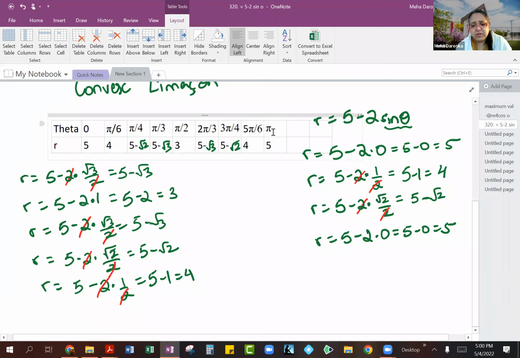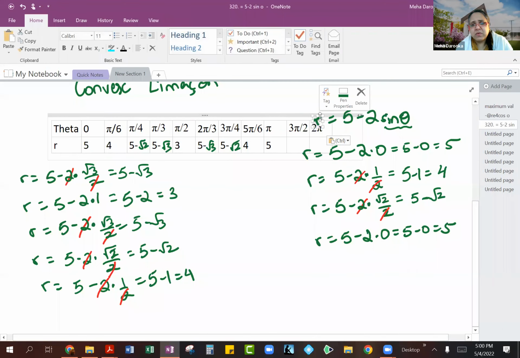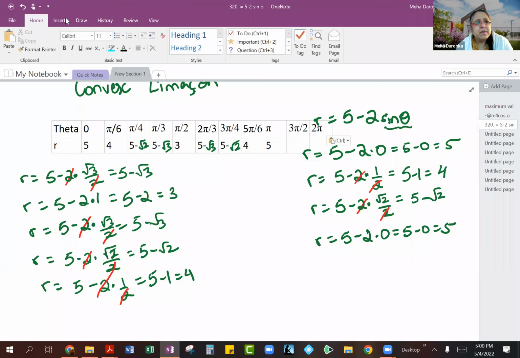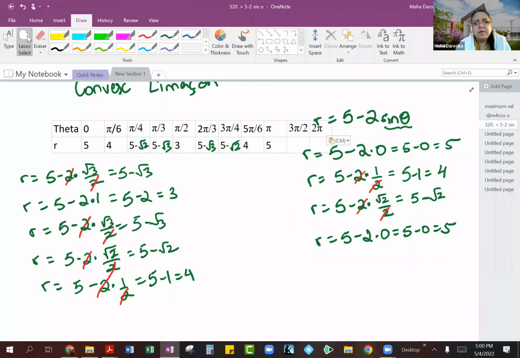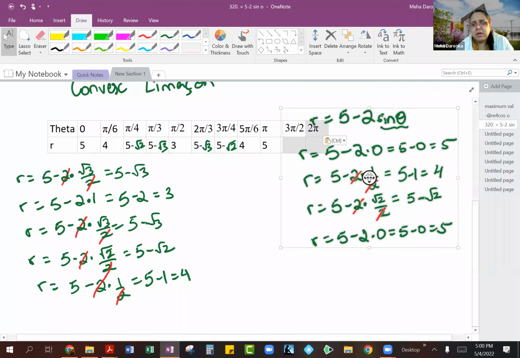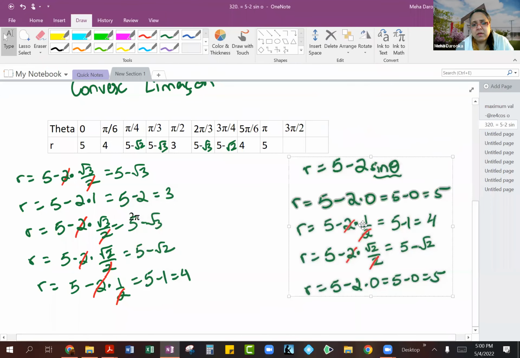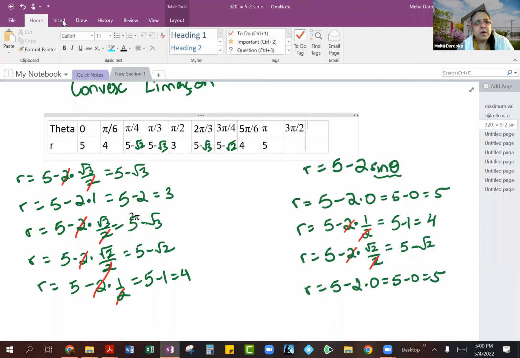So I'm actually going to include 3 pi halves, and then we can do 2 pi as the last one. Okay, there we go. So we're not overlapping. And then this guy should be 2 pi.